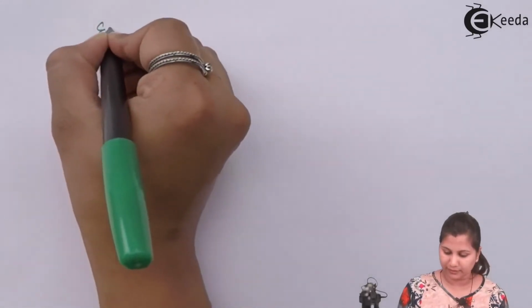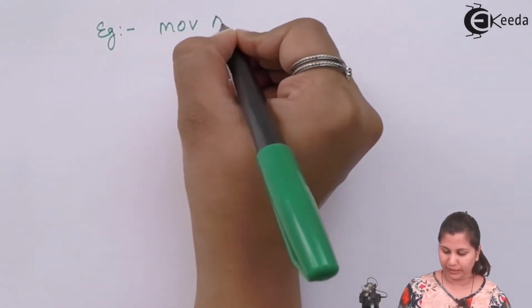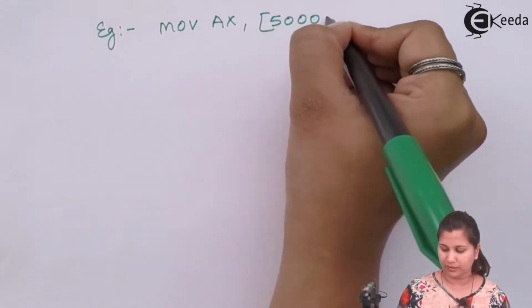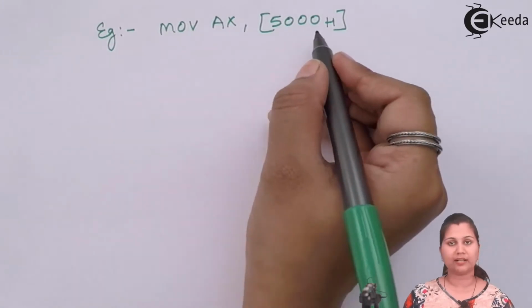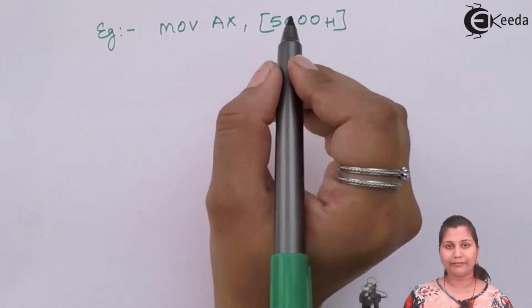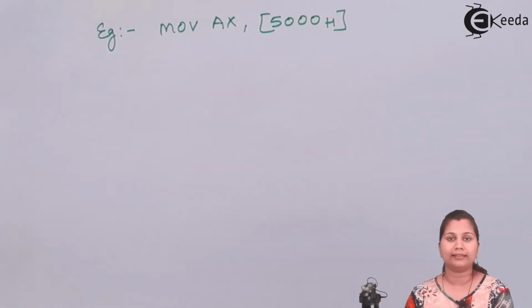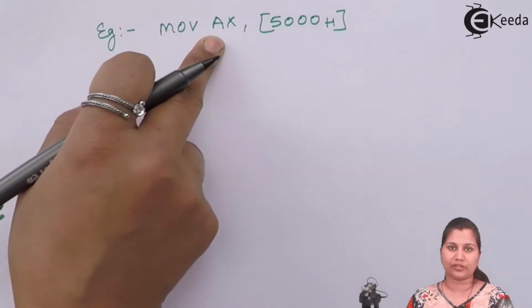If we take another example, we have MOV AX, 5000H. Here the effective address is 5000. So 5000 will be added to the data segment address, and then the data at that address will be transferred into the AX register.